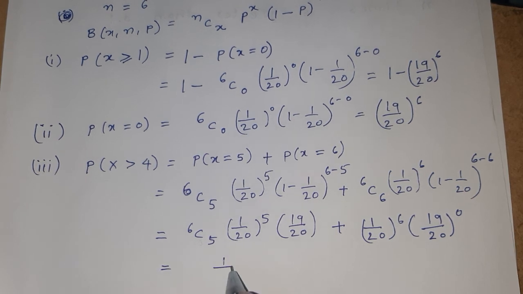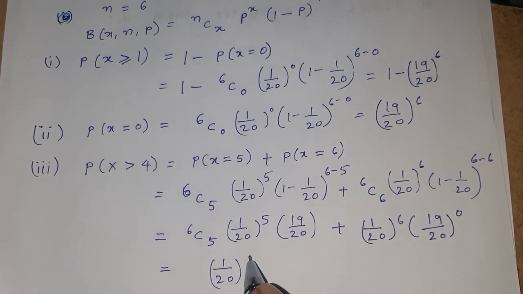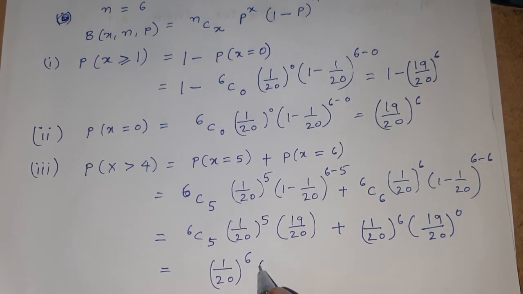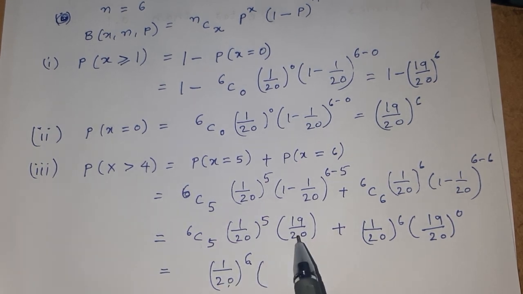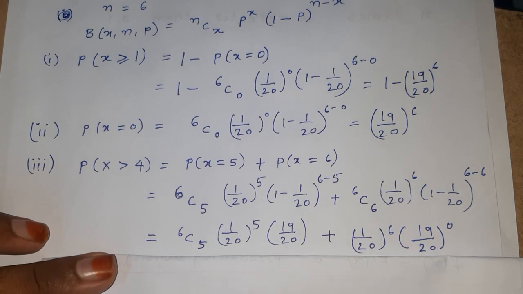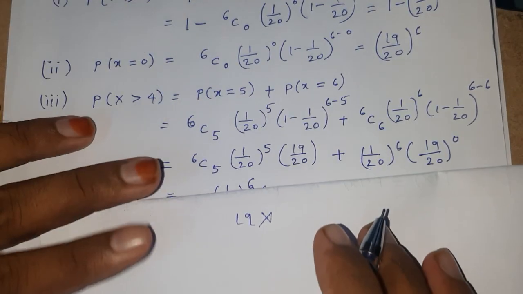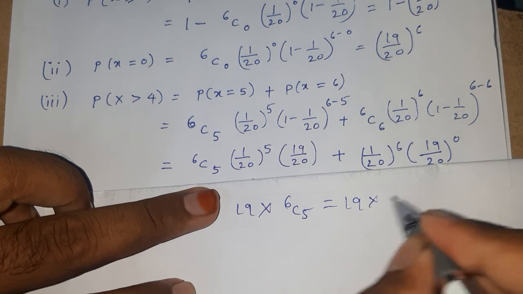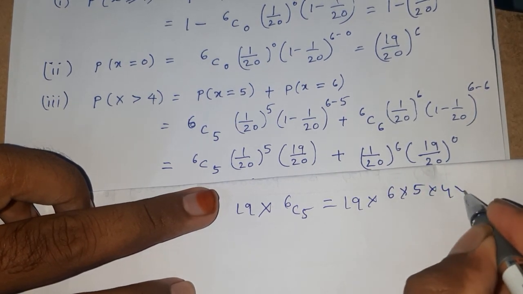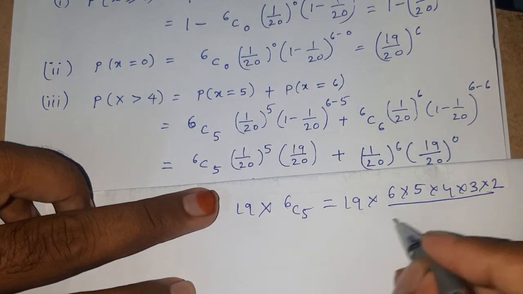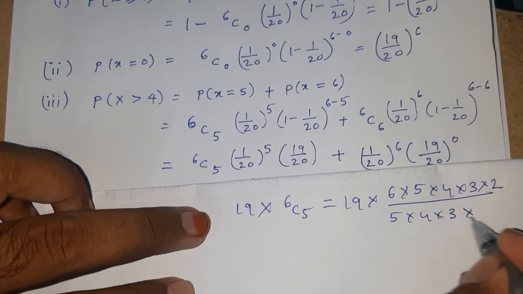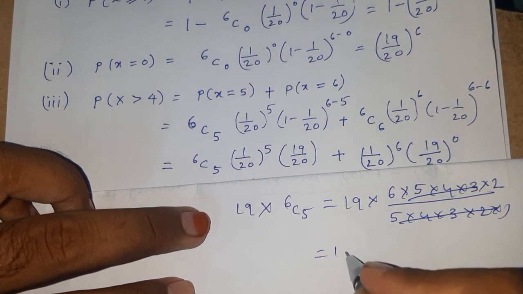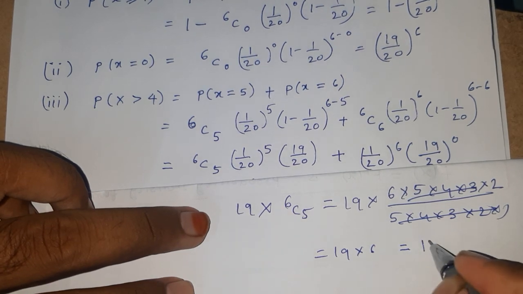Its value is (1 by 20) to the power 5 times 1 by 20, that is (1 by 20) to the power 6 times 19 into 6C5. 6C5 means 6 into 5 into 4 into 3 into 2 by 5 into 4 into 3 into 2 into 1. 19 into 6 is 114.